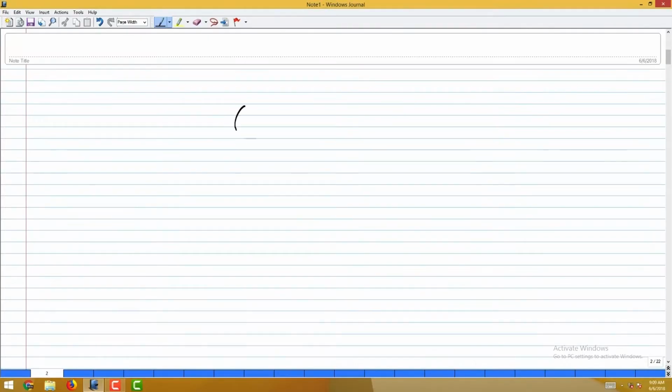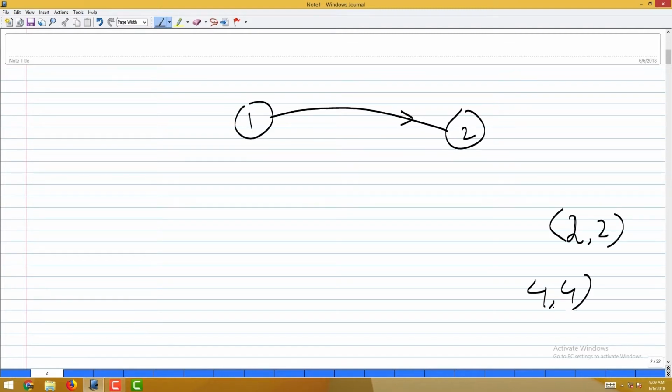So, you can use this A as the set of vertices 1 to n, and when you see the pair 1, 2, you put a directed edge from 1 to 2. The relation can be captured by these directed edges, but note that there can be edges of the form 2 2 and 4 4, which will come as self loops.